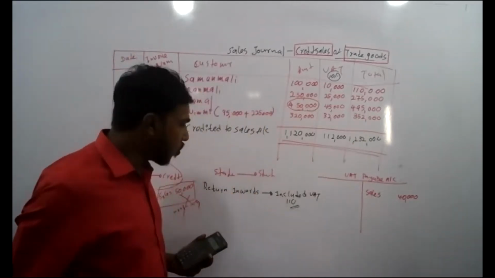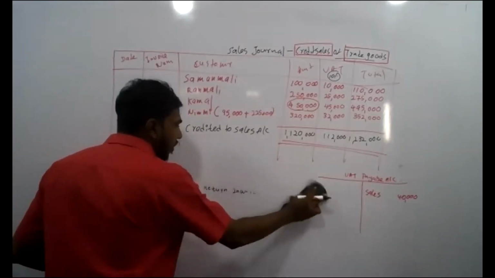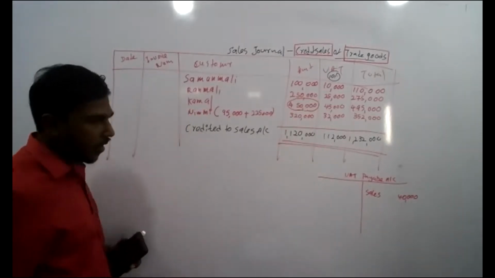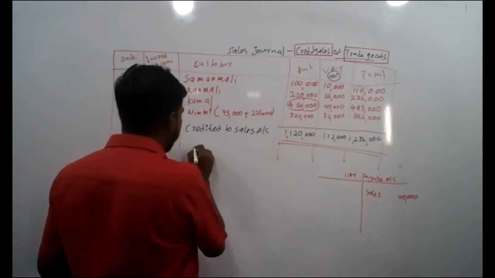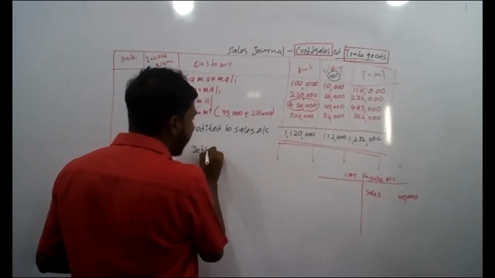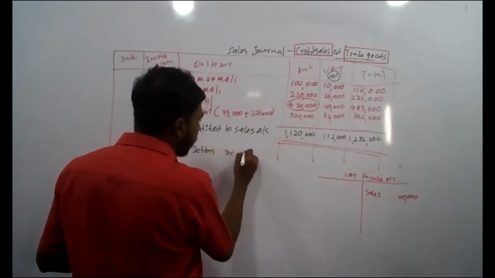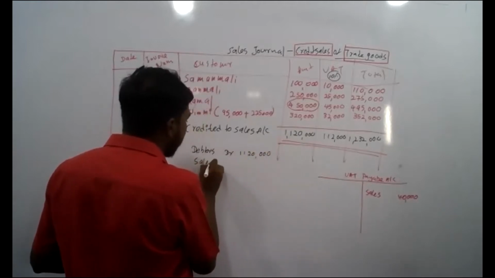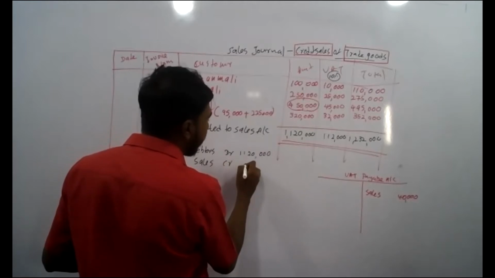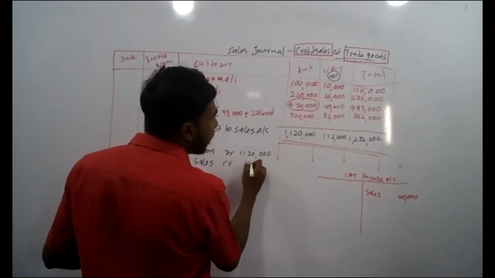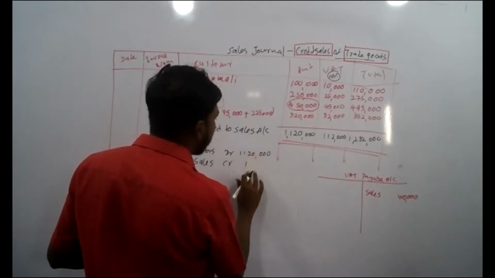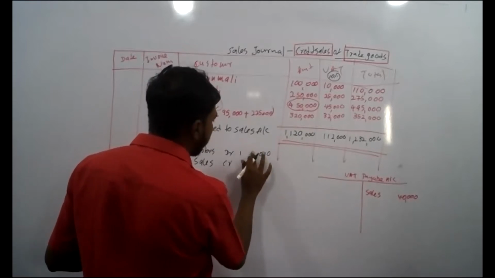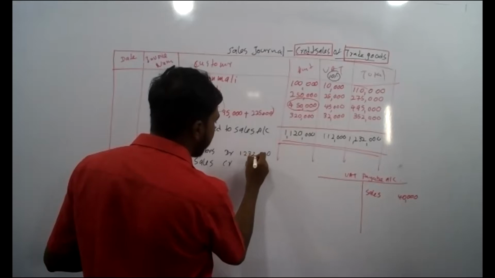Fine. Now look here. What double entry are you supposed to pass here? I told you what the double entry is for this. Debtors debit how much? 1,120. Then sales credit 1,232, and this is with VAT.